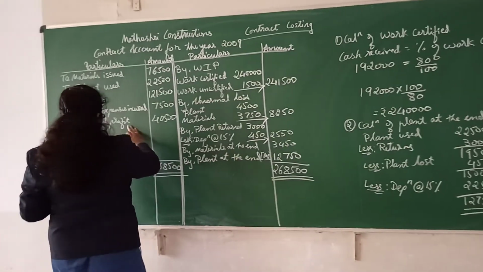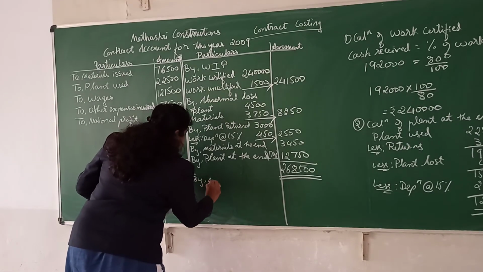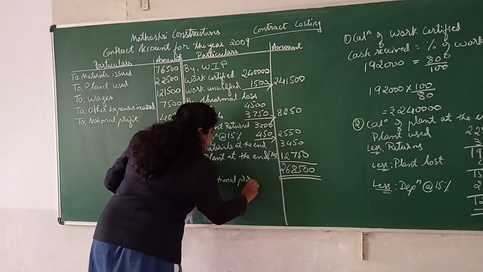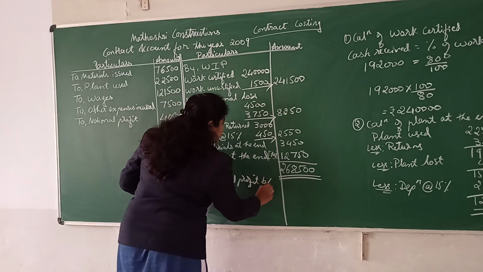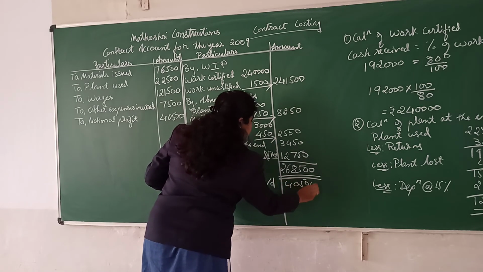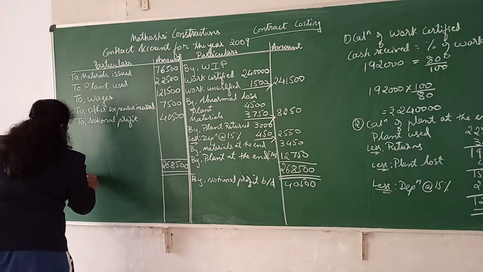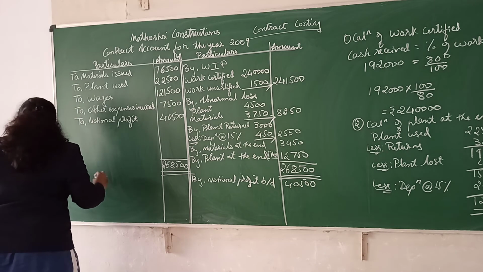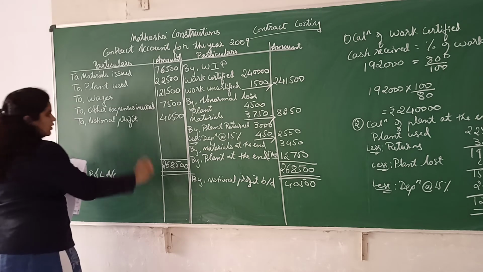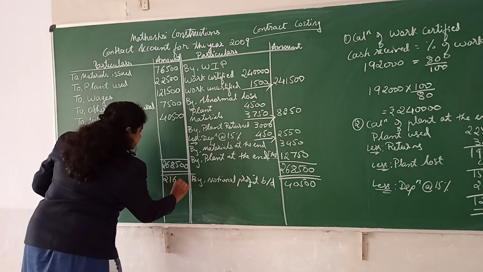First, notional profit has to be brought down by notional profit brought down. It is 40,500. Now amount transferred has to be taken on the debit side to P&L account. How much amount we are transferring? 21,600.